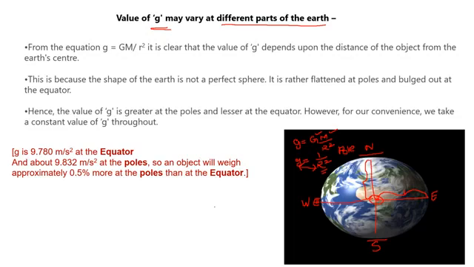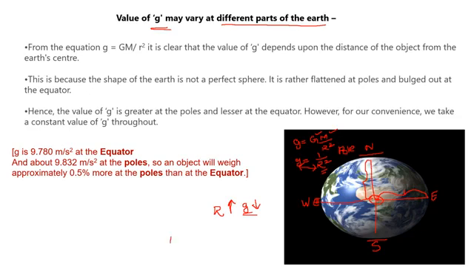If r is more, the g is less, the gravitational pull is less, acceleration due to gravity is less. So where can you expect the gravitational pull to be less, children? Here, because this distance is more, so on the equator the acceleration due to gravity is less, and on the poles the acceleration due to gravity is more.